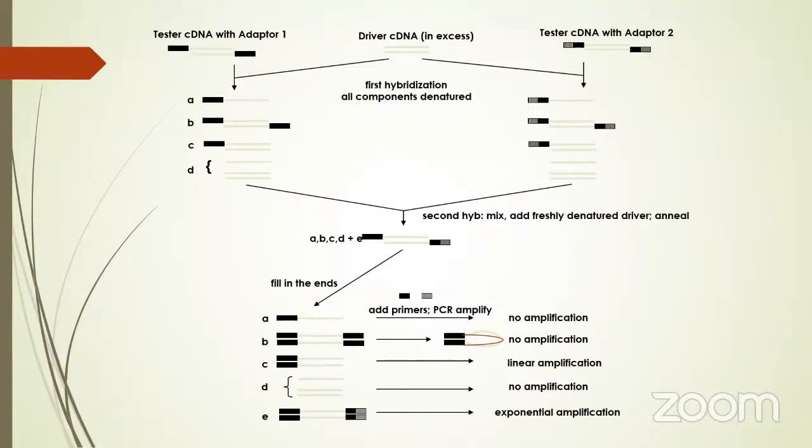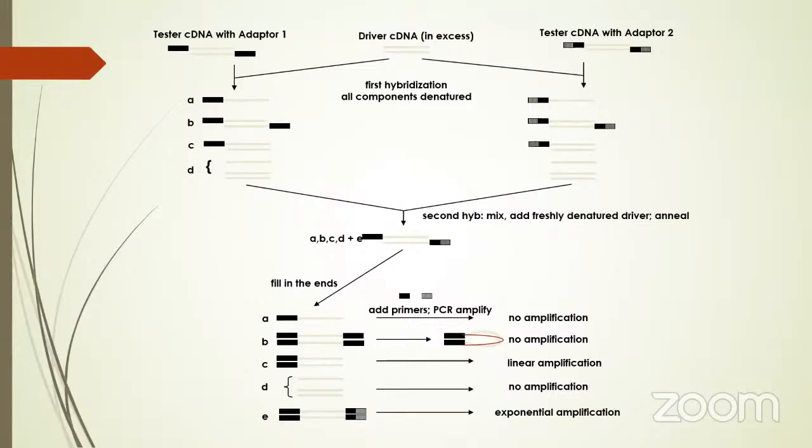One part and the other part get two different adapters. That's why we did the digestion, to add adapters, so we have two kinds of adapter and have divided the tester sample in two parts.